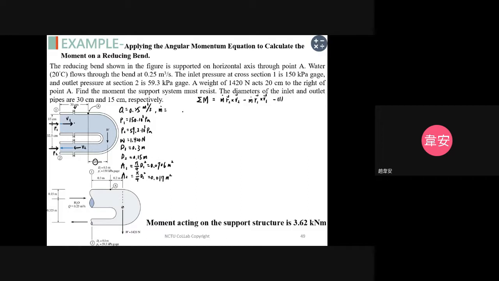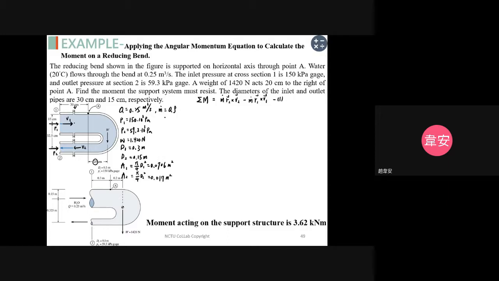The mass flow rate. And the question already provides the discharge Q. If we have the density, then we can compute the mass flow rate very quickly.